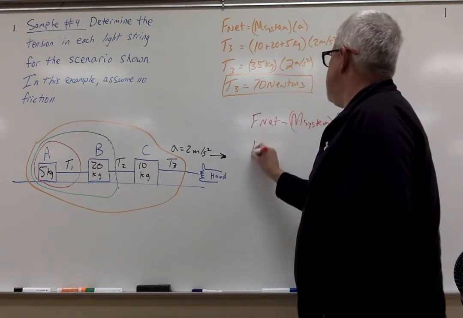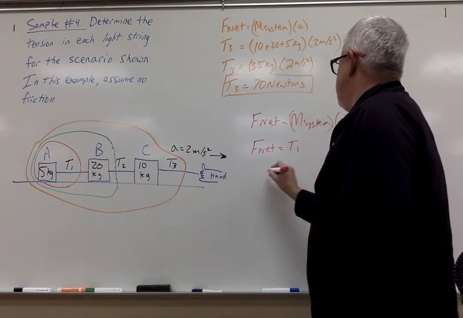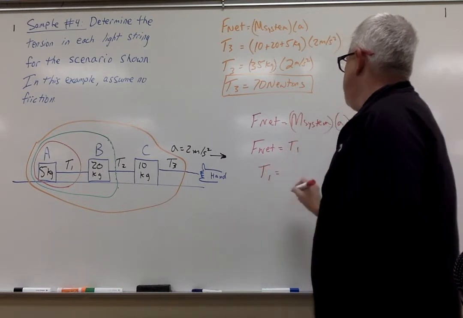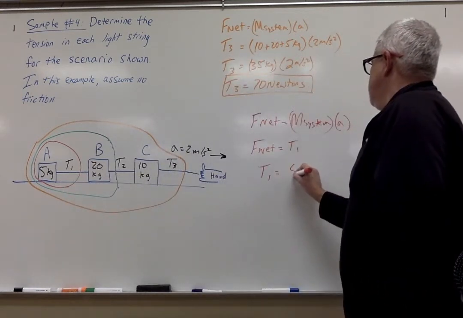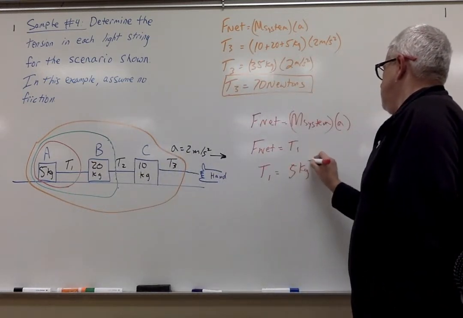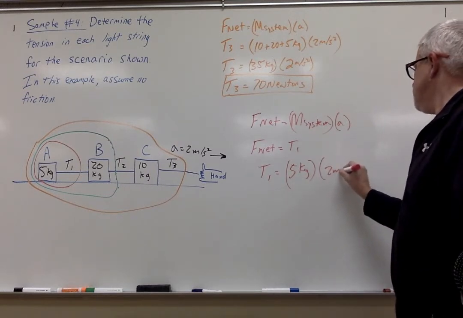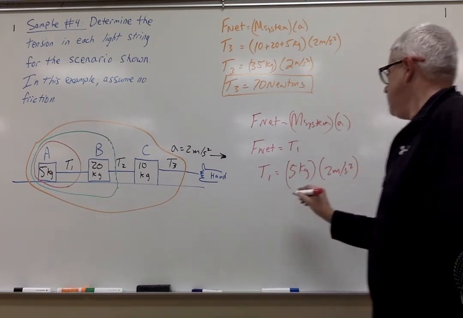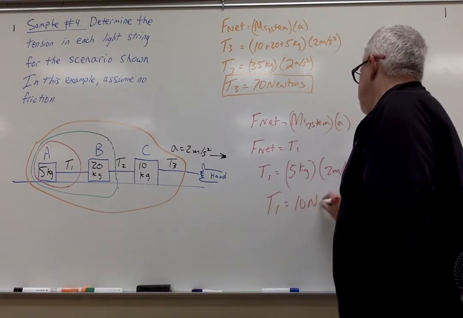So in this case, F net is equal to T1. So I can say T1 is the mass of the system, that's only 5 kilograms, multiplied by 2 meters per second squared. So T1 is equal to 10 newtons.